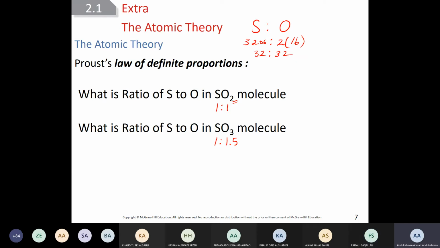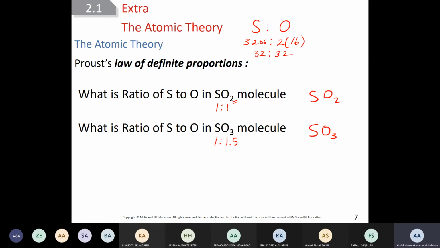Good. Now, I want you to concentrate with me. If you look at this one and this one, these are two different compounds. SO2 is different than SO3. Is this clear?